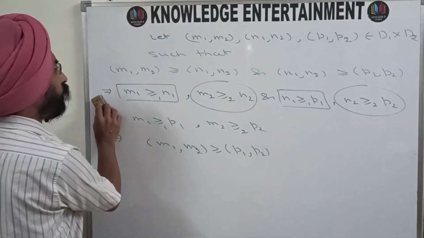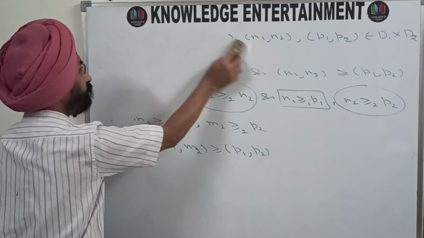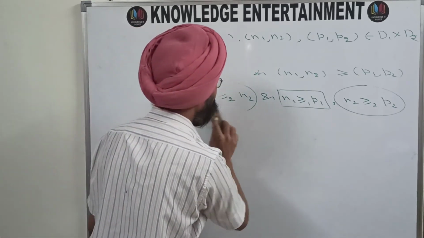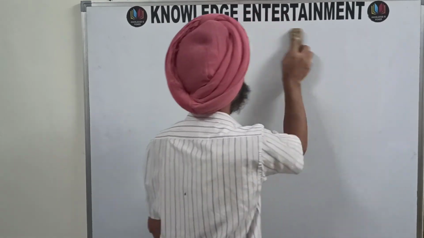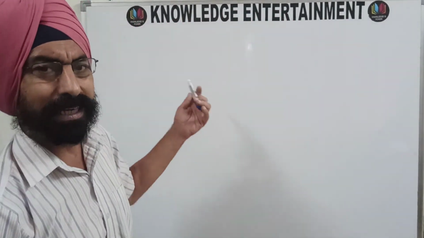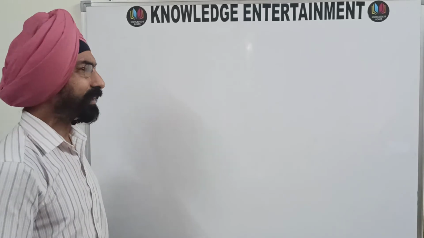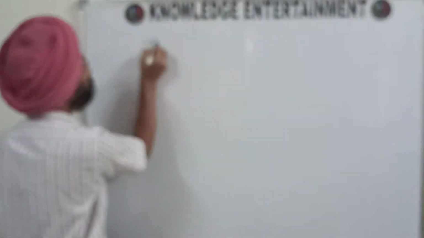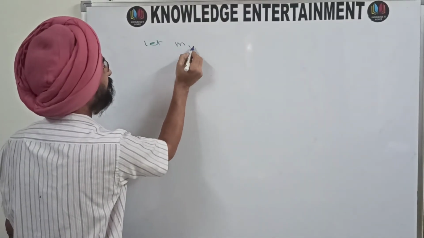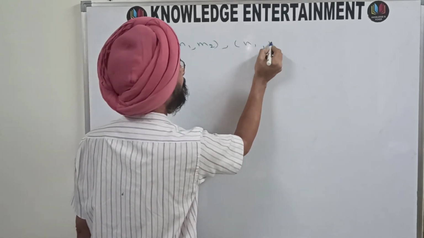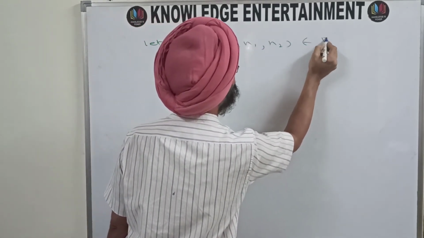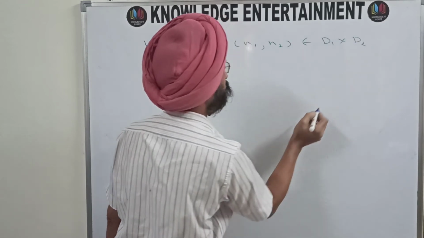Now we are moving on to the third property, and after proving that, D1 cross D2 with this newly defined binary operation will become a directed set. So let (M1, M2), (N1, N2) be two elements of D1 cross D2.